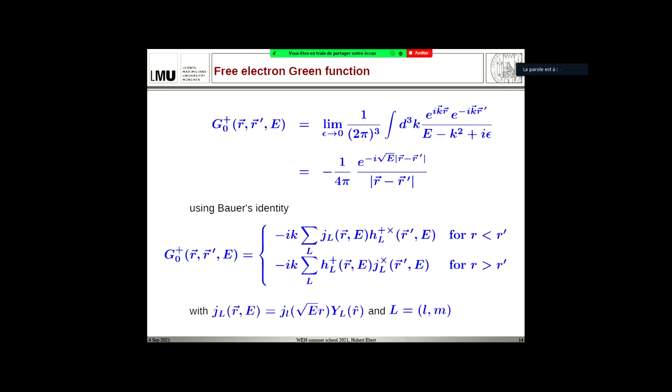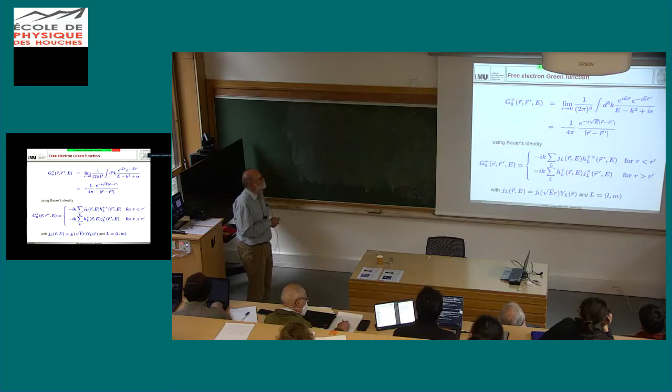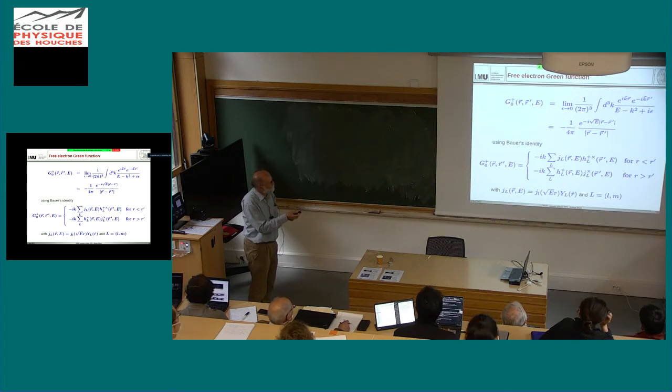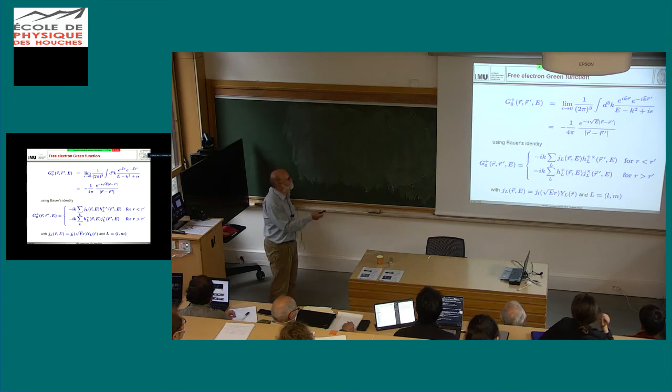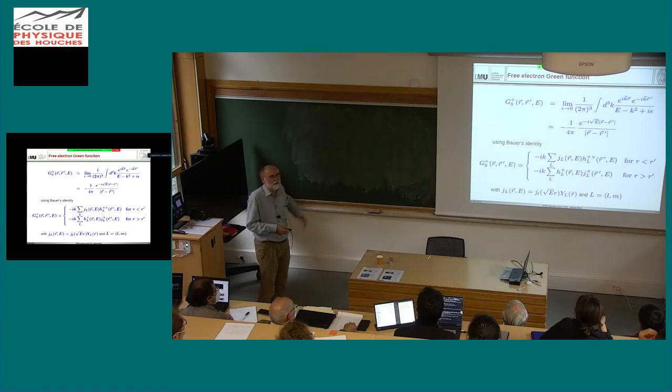Now, if that is correct, then we should be able to apply it for the free electron case. The spectral representation for the free electron case, of course, is based on the continuum spectrum of the free electrons. We have the plane waves as eigenfunctions. We have k squared as the eigenvalues. So I use here atomic units, not the proper CGS or SI units.